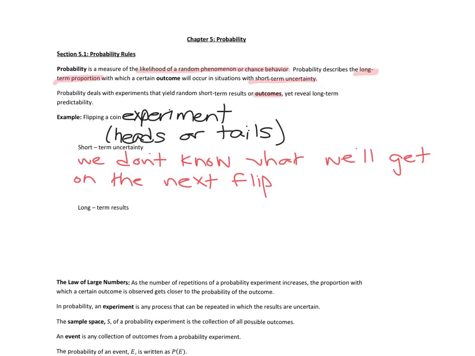And then the long-term results, that's what we're talking about when we say like 50%. So 50% of the time we'll get tails, and then 50% of the time we'll get heads.